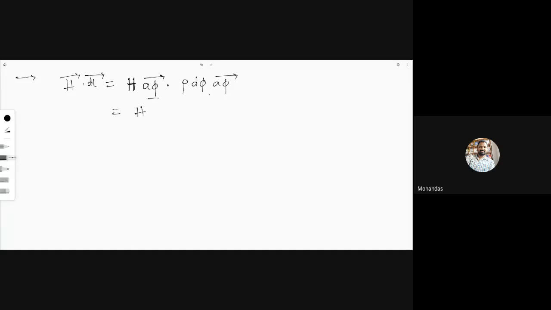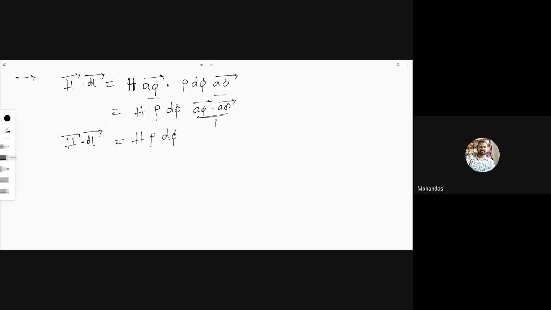So H into rho d phi, A phi dot A phi. What is the value of A phi dot A phi? 1. So which is equal to H into rho into d phi. This is H dot dl. This is the fourth step.